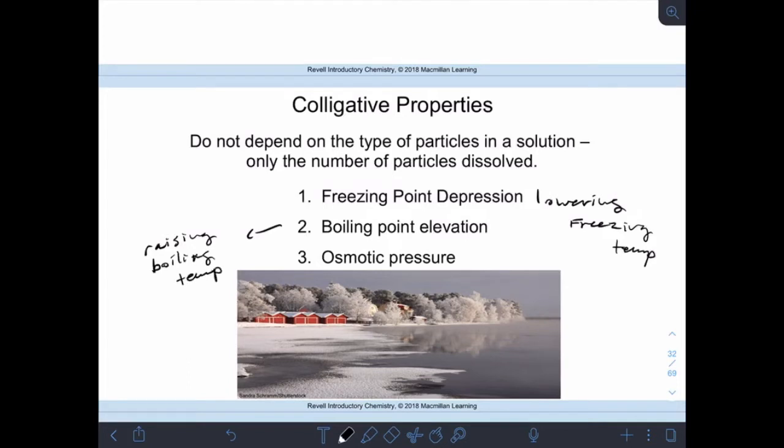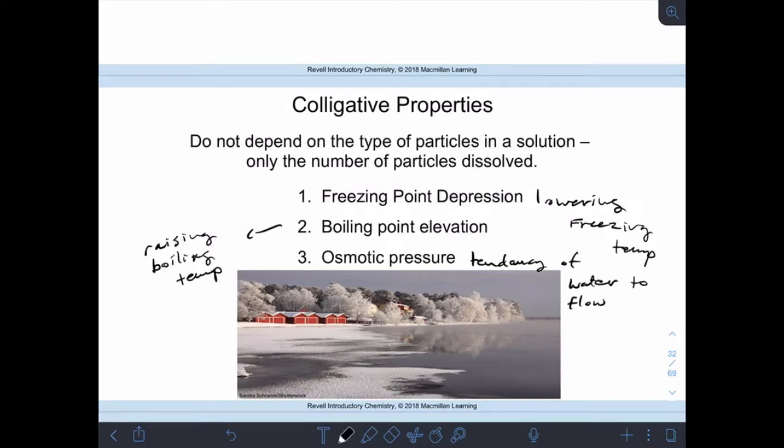And osmotic pressure is actually one that those of you interested in medical fields will find important, because osmotic pressure is part of what keeps our cells in the right shape and size. Osmotic pressure is the tendency of water to flow.